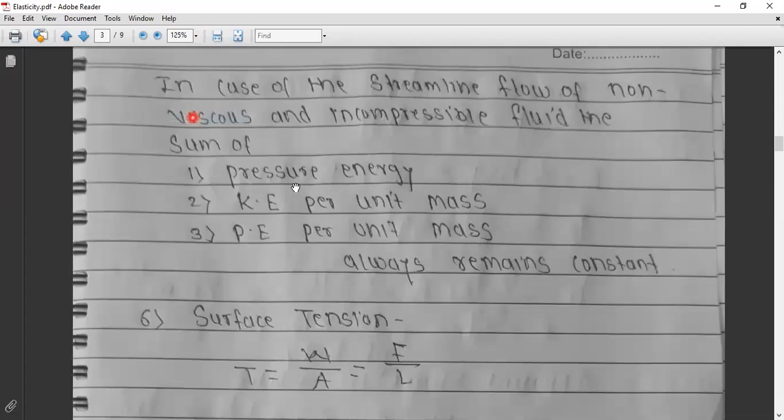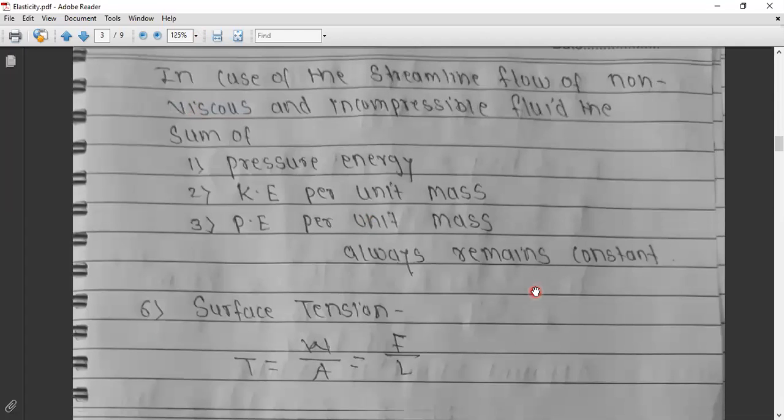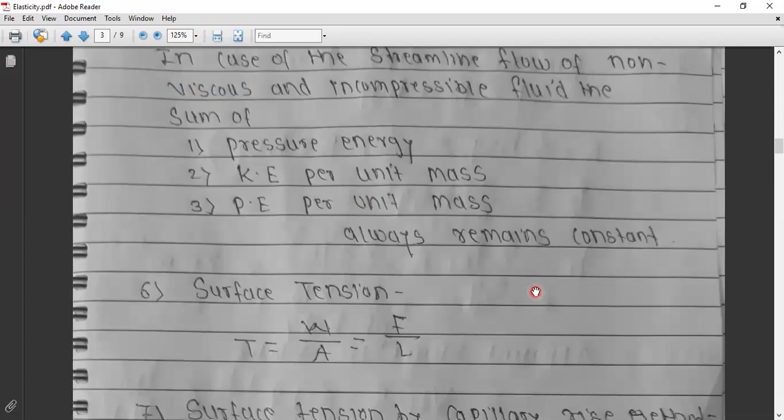See here, surface tension. What is meant by surface tension? Surface tension is a property due to the force between the atoms, or you can say intermolecular force, and due to this intermolecular force comes the new concept, the surface tension.